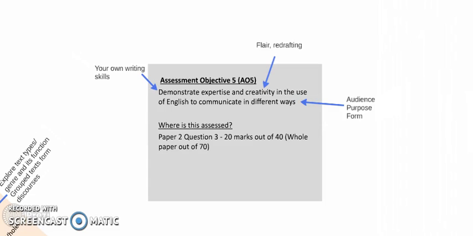Creativity is a subjective term, as is flair, but people link those two words with natural ability, but actually I think that creativity and flair is created through redrafting. If you think about your own first idea to do with a topic, if I went around a class, other people would have that same idea.